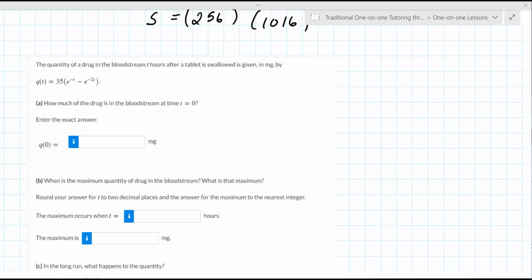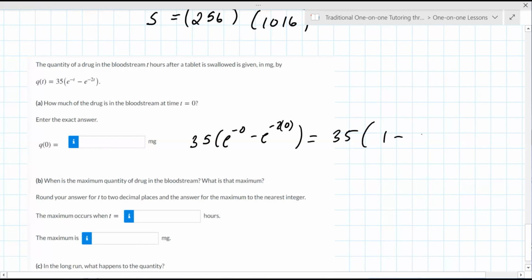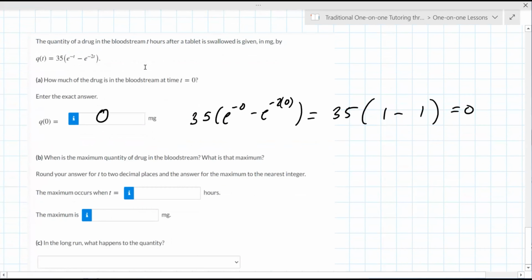Okay. So as I mentioned, the first part here just says Q of 0. All that means is you're putting 0 in for T. And believe it or not, this actually simplifies to 1 minus 1, which ends up being 0. We could also graph it and we'll see the same thing, but we can also do it by hand here. So to do it by hand, you take the derivative.